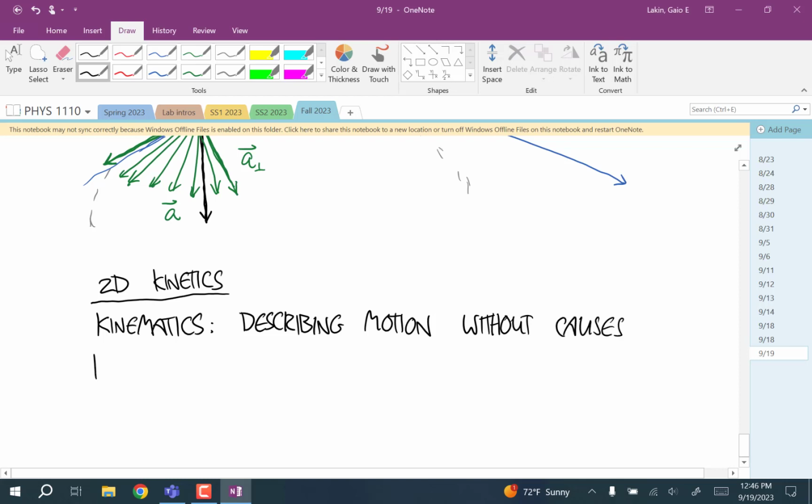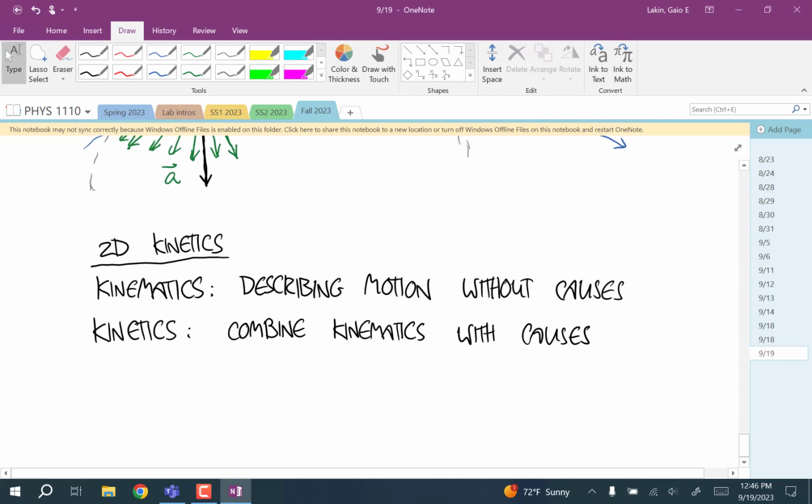So now we're getting into kinetics, where we're going to combine kinematics with the causes. And the causes that we're going to include to start are mass and force.